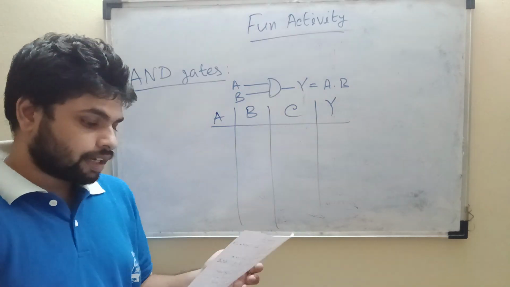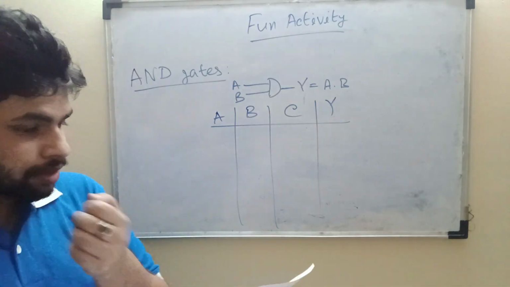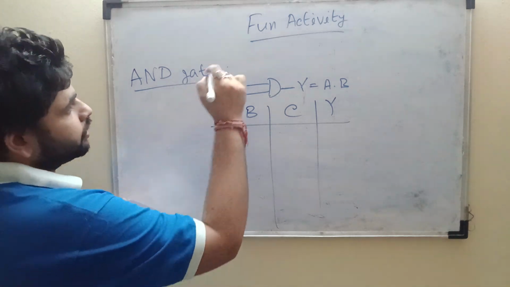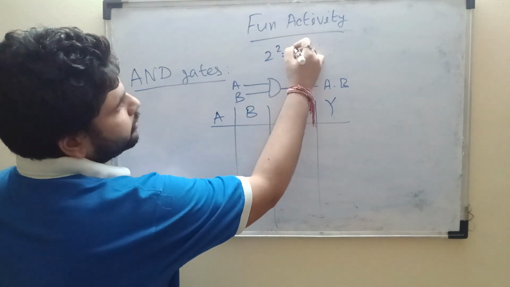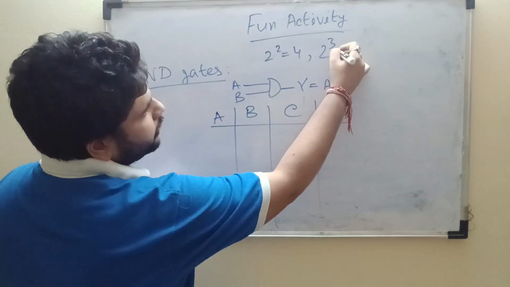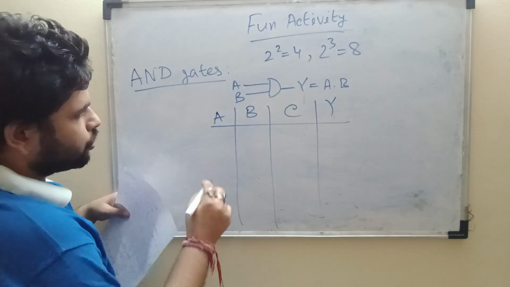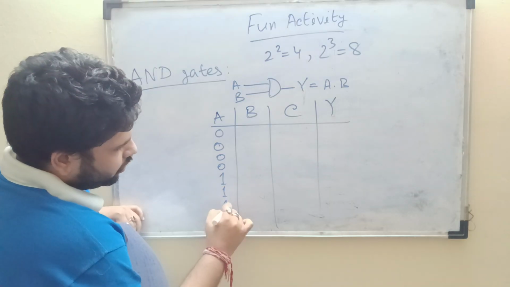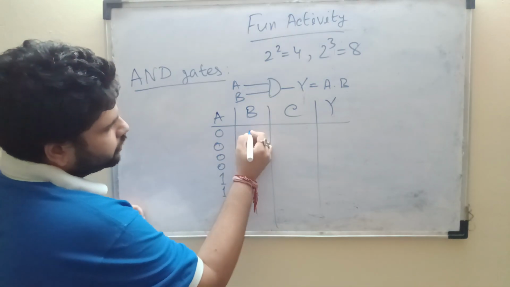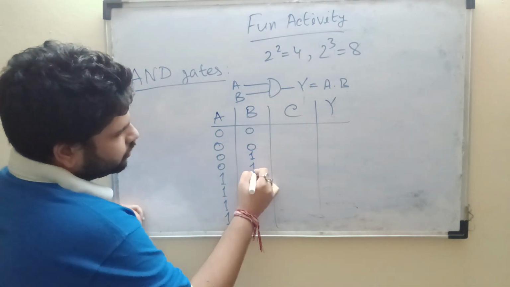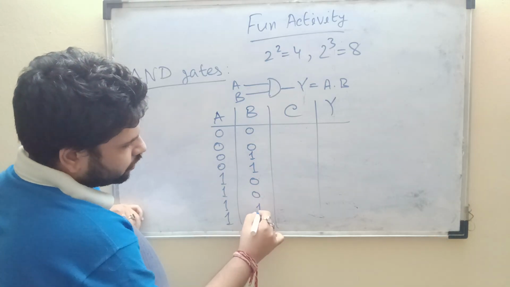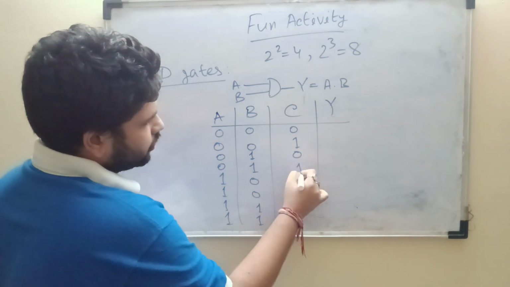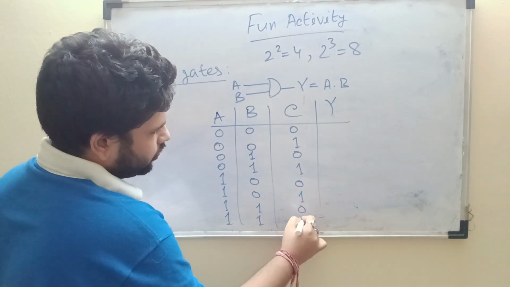When I was teaching truth tables of two inputs, we had 4 bits. Now we will get 8 bits because we have 3 inputs. So A will be 0 0 0 0 1 1 1 1. B will be 0 0 1 1 0 0 1 1. C will be 0 1 0 1 0 1 0 1.